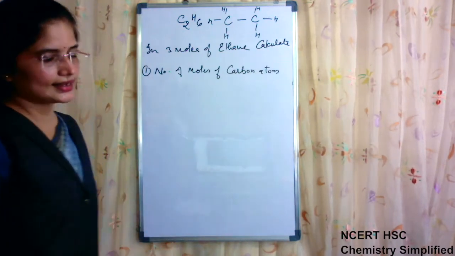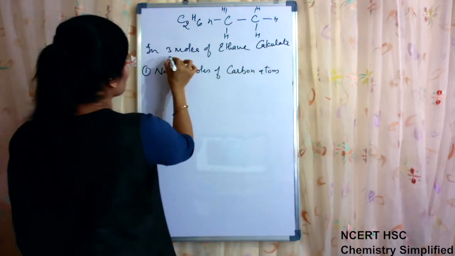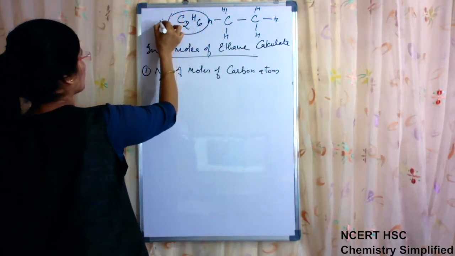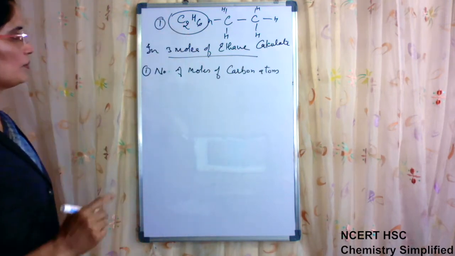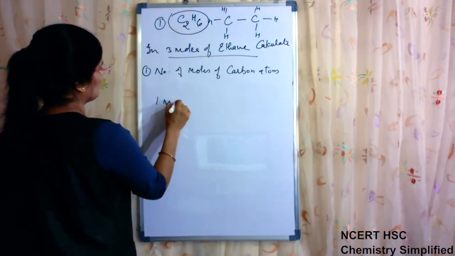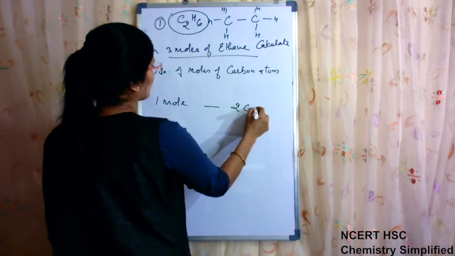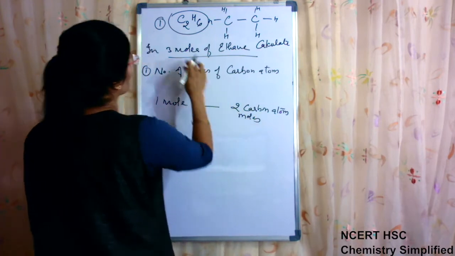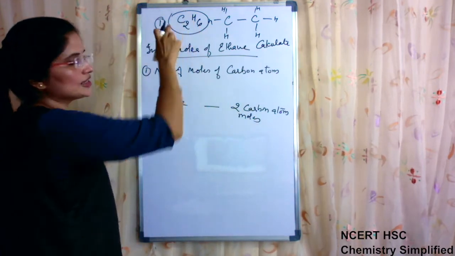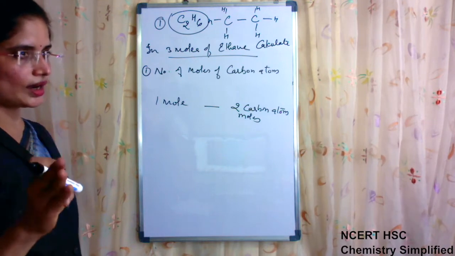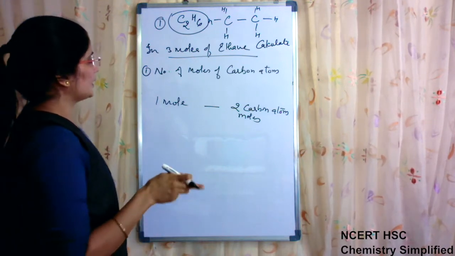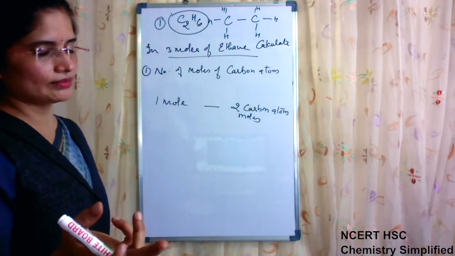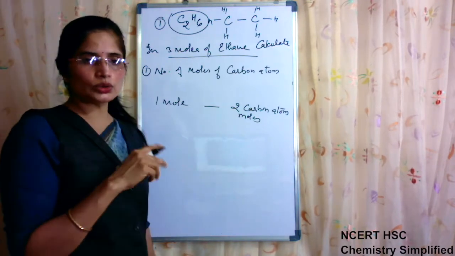Simple question, it is directly visible that they are asking in 3 moles of ethane. So C2H6 is 1 mole actually. In 1 mole of ethane, we can see there are 2 carbon atom moles. C2 is written, that means it is 2 carbon atom moles. And in each mole of carbon atoms, the number of atoms present will be equal to Avogadro number.